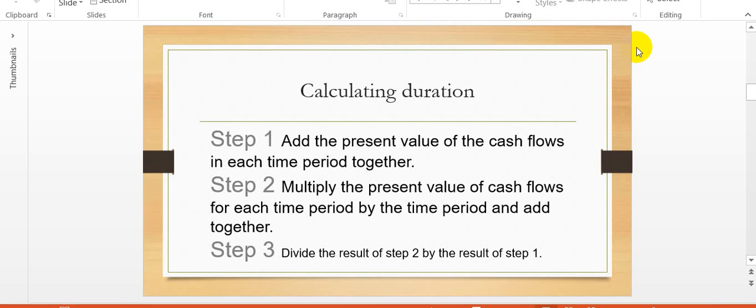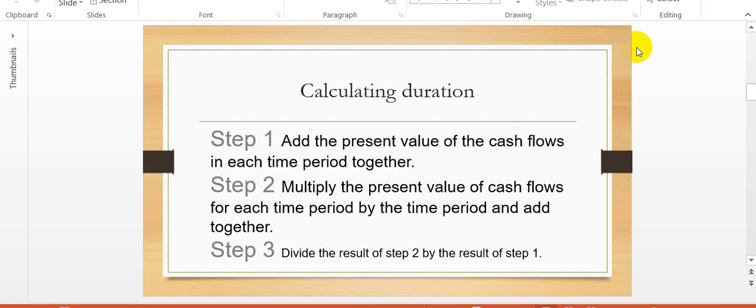Step 2, you multiply the present values of cash flows for each time period by the time period, and then you add them together. So for example, in period 1, your present value in period 1, you multiply it by 1 because it's in period 1.